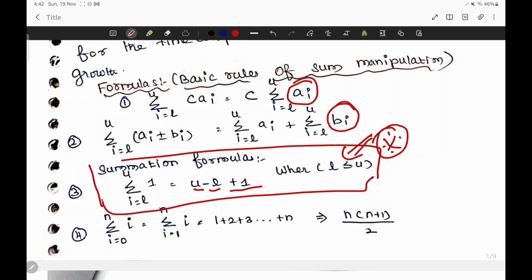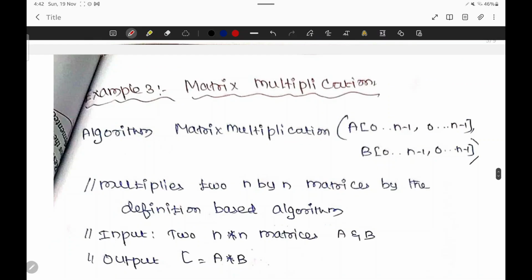Now we shall see one example, where the algorithm is written as a non-recursive algorithm: matrix multiplication. What is meant by matrix multiplication? A is a matrix which may have any dimension, say 2 cross 3, 2 rows and 3 columns. B is a matrix with 3 rows and 4 columns.